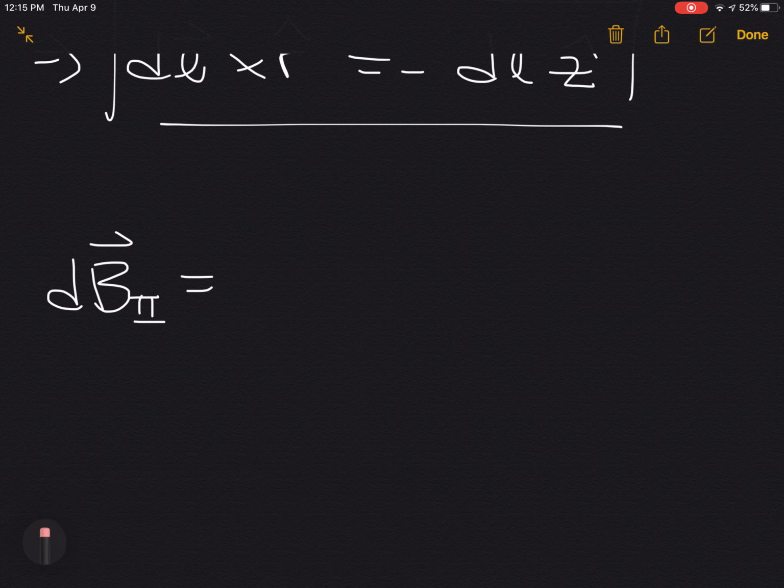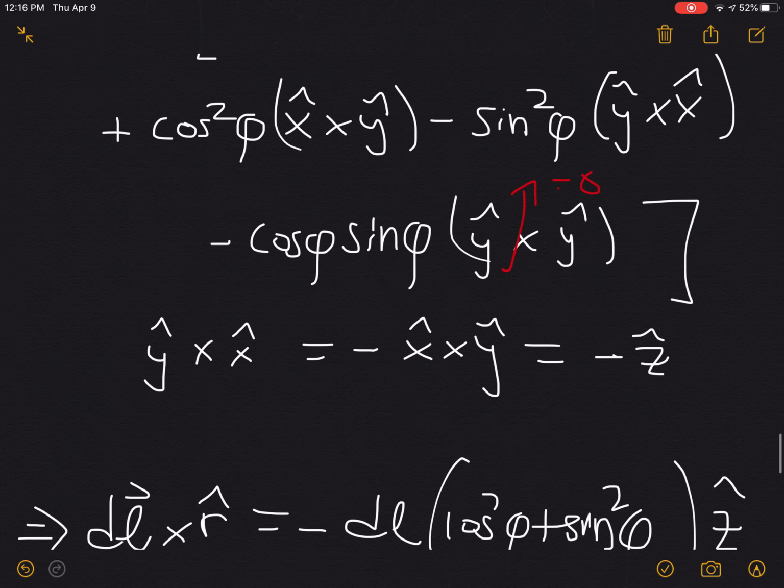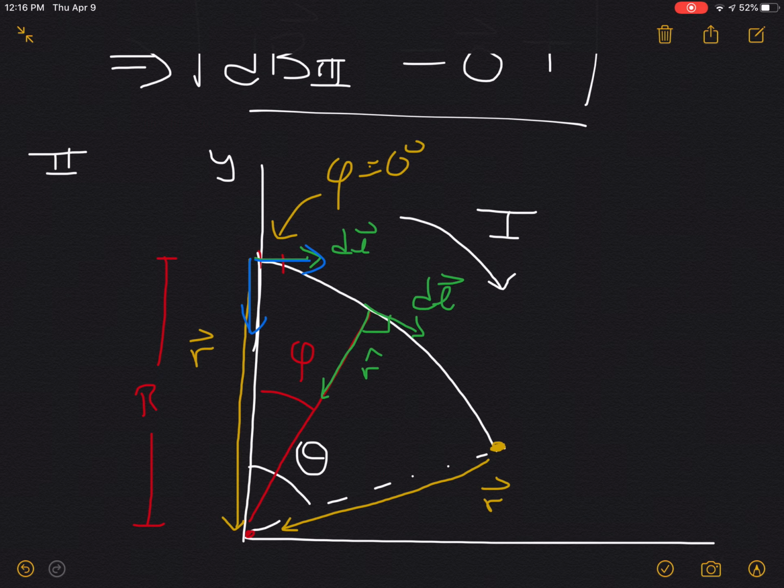So this is minus mu naught I over 4 pi r squared, and now this is dl in the z hat direction. So we're almost there. If we just look back at the picture that we had, now we just want to integrate along all of those segments of that curved wire, so from phi equals 0 to phi equals theta.